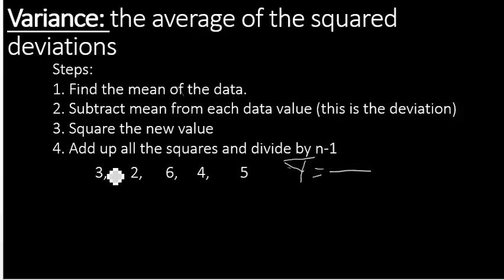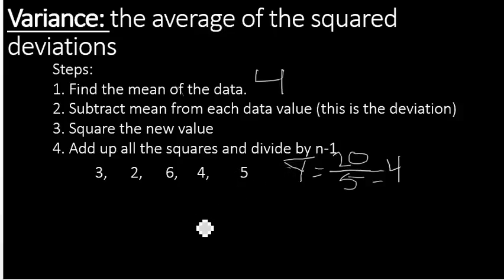Now at the bottom you want n, which is how many pieces of data there are. So there are 5 pieces of data. So 20 divided by 5 is 4. So we know the mean of our data is 4.